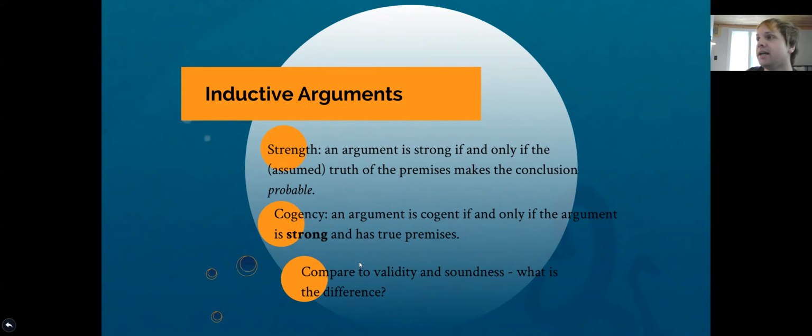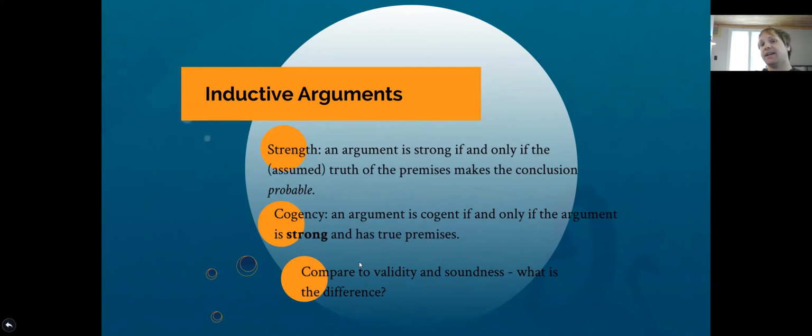Inductive arguments have slightly different features. We're going to focus primarily on strength, and we're going to focus on cogency. An argument is strong in the situation where the conclusion is probable if we assume that the premises are true. This is sort of like validity.